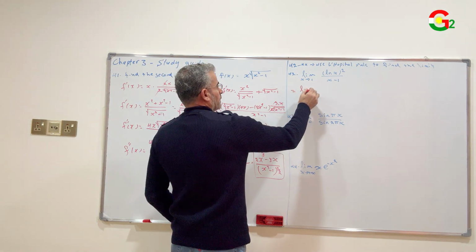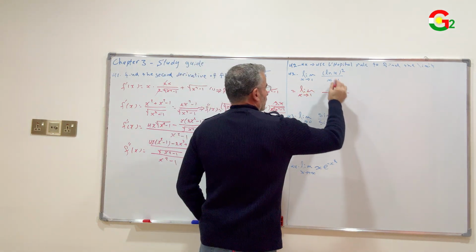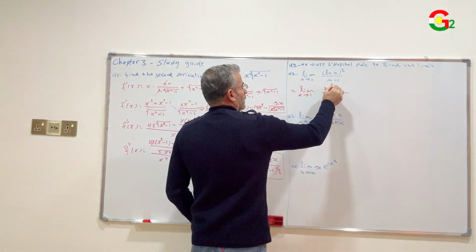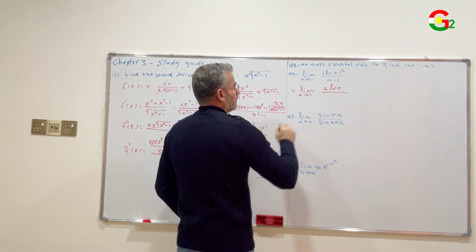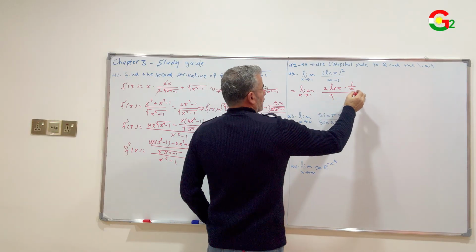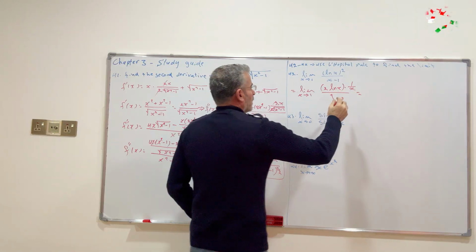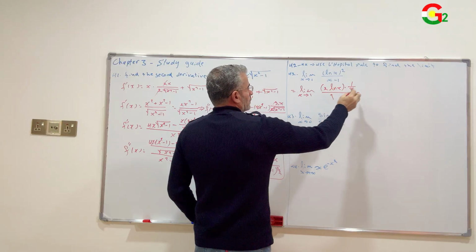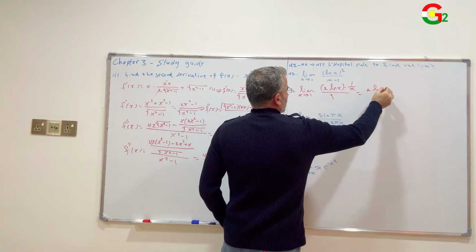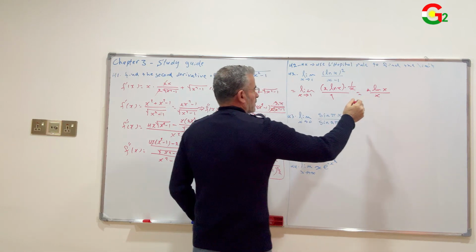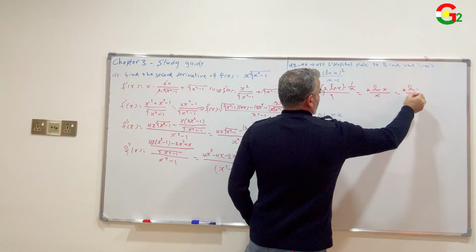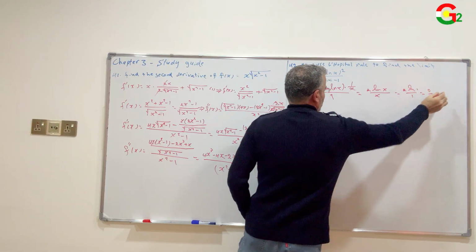Equal to limit as x approaches 1, find the derivative of the numerator and denominator separately. 2 ln x, the derivative of the bracket, times the derivative of the inside of the bracket, over 1, equal to 2 ln x over x, equal to 2 ln 1 over 1, equal to 0 over 1, equal to 0.